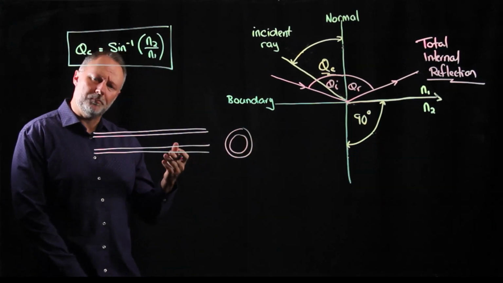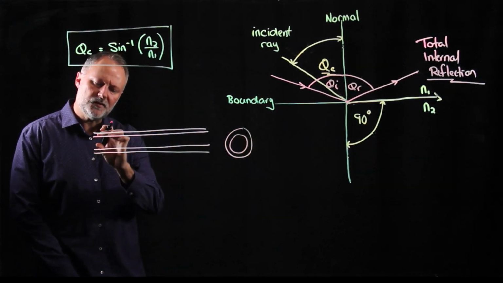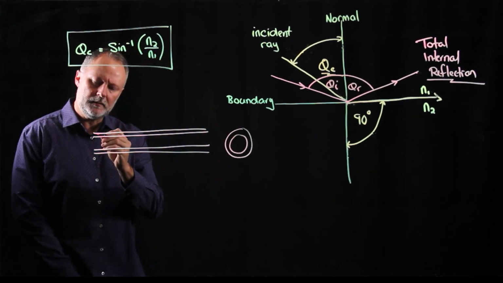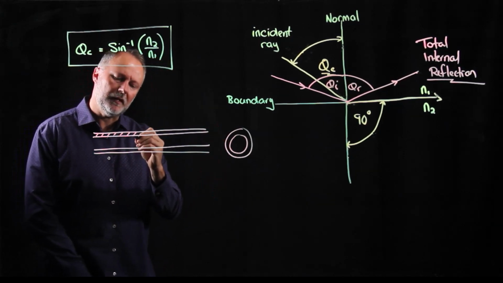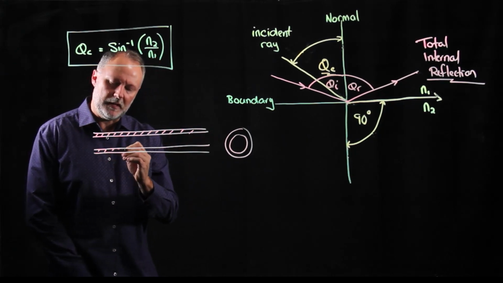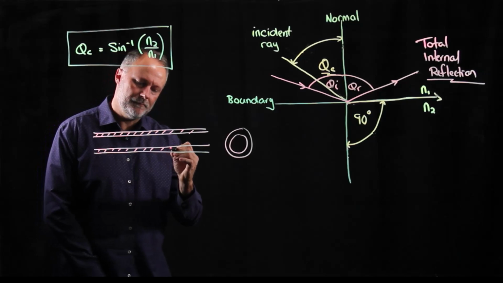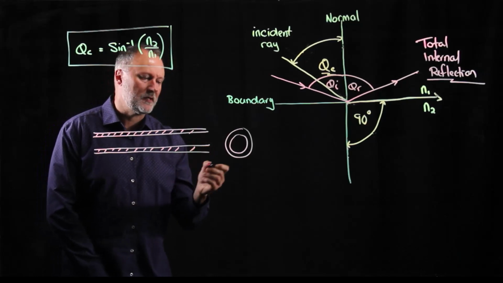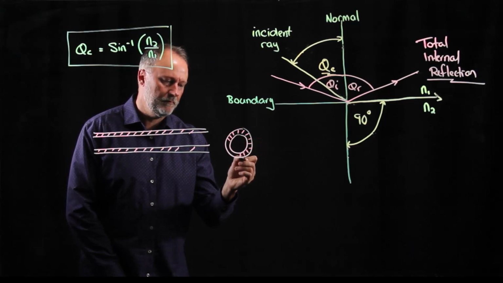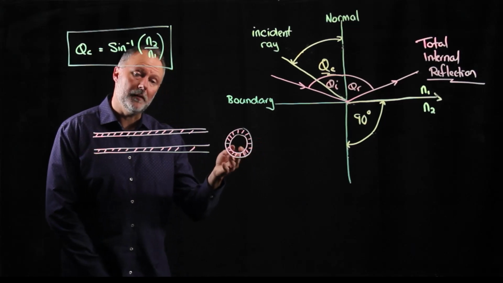If we were to look at optical fibres, we find there's a central cable of glass and some kind of cladding that surrounds that fibre of glass. This diagram, of course, is not to scale. So here's the cladding, looking at it from a front-on view, and your optical fibre is in the middle.